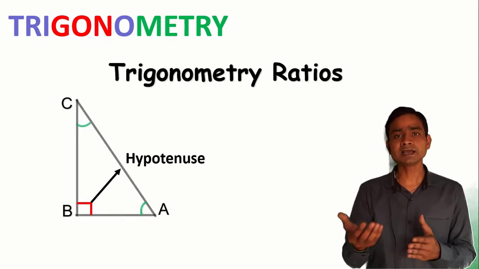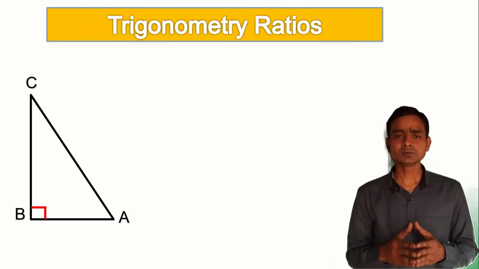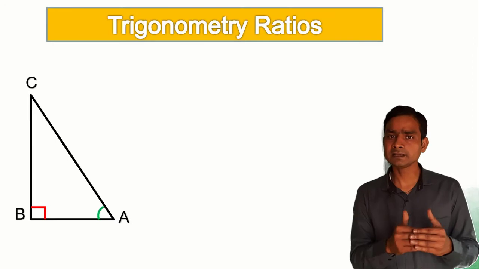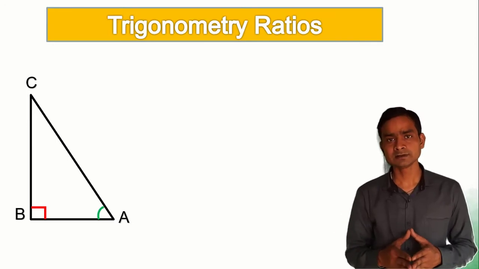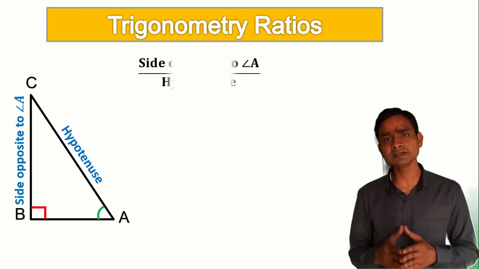So how can we calculate these trigonometry ratios and what are these? Suppose we are defining the trigonometry ratios for an angle A, then how can we do this? We can calculate the ratio of the side opposite to angle A and the hypotenuse.